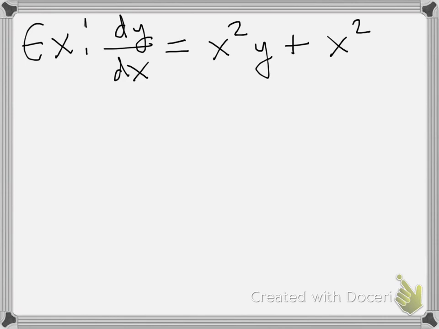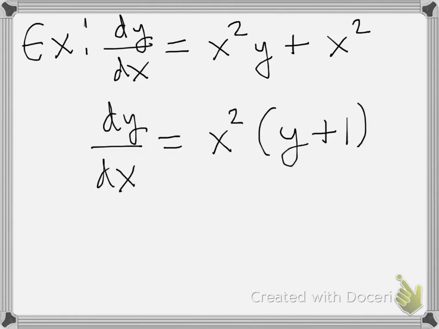The first example we want to look at is, suppose we have the differential equation dy dx equals x squared y plus x squared. And so we would say, is this a separable differential equation or not? And the question we want to ask ourselves is, can the function on the right-hand side, the x squared y plus x squared, be separated into a product of a function just depending on x and a function just depending on y?